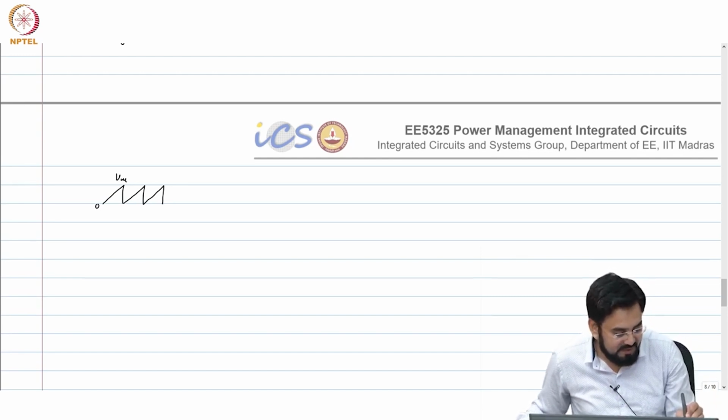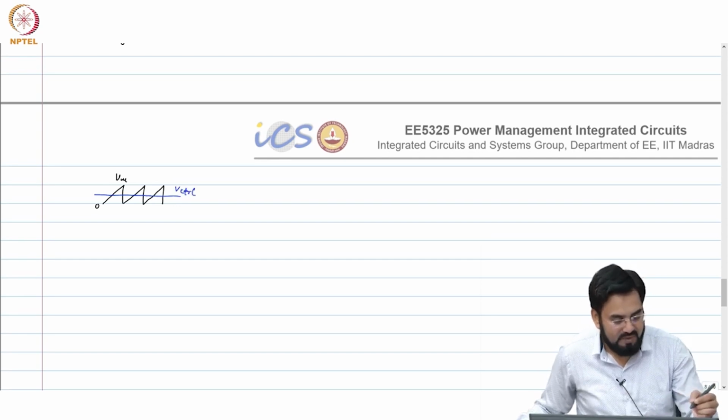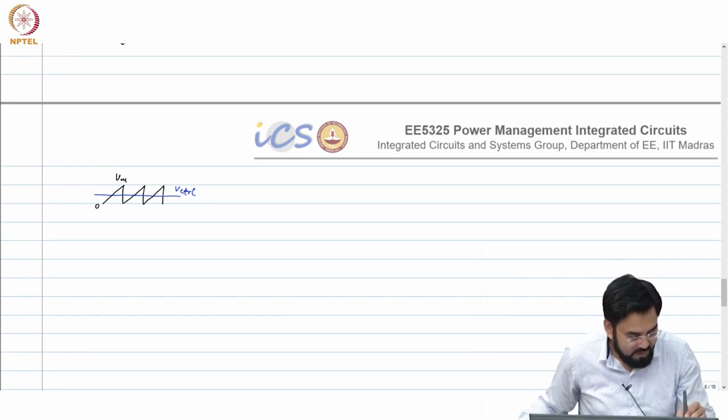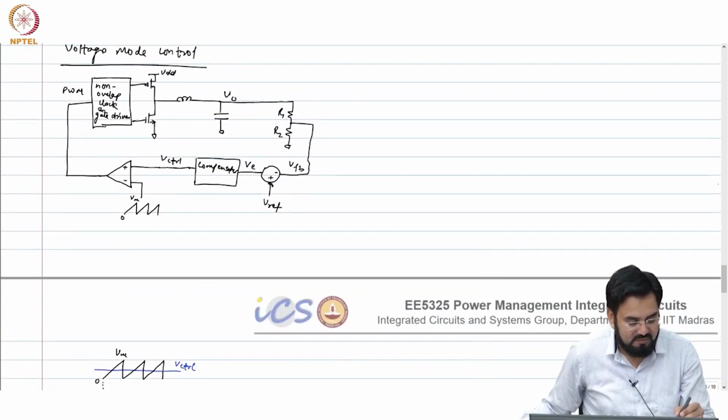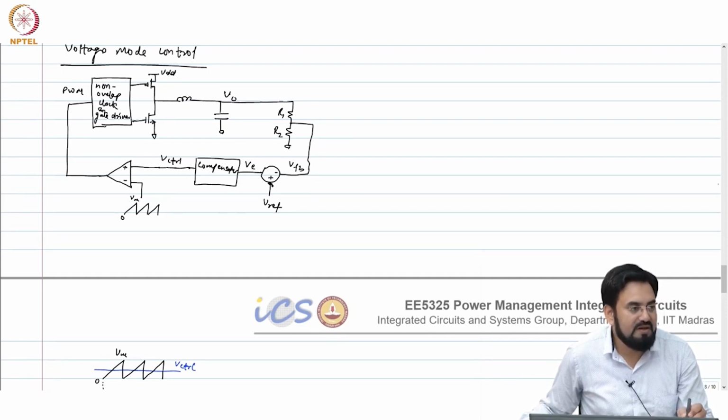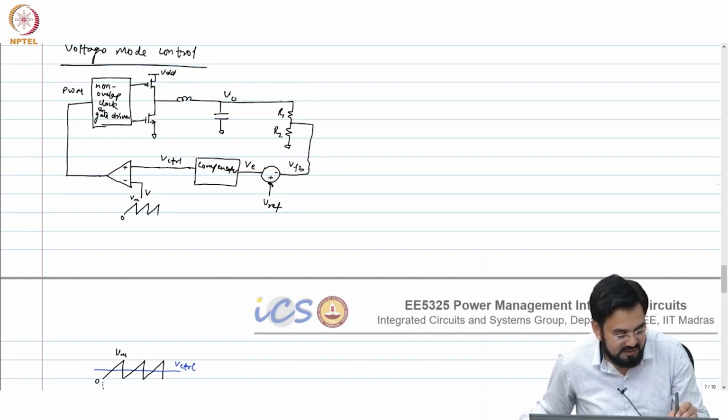If this is my control voltage, how will your PWM look like? So VCTRL, let's say greater than 0, and the ramp is going 0 to Vm. So whenever you reset to 0, what will happen to the PWM? When this, let's say I call it VRAMP.